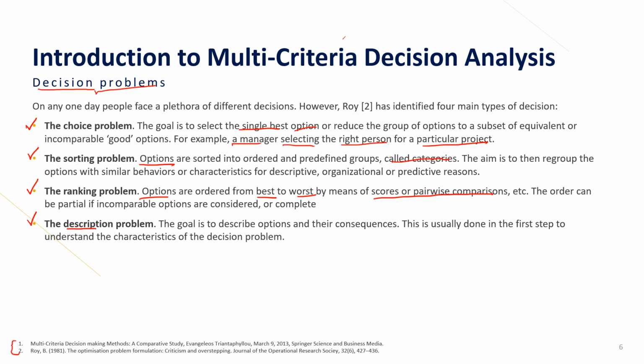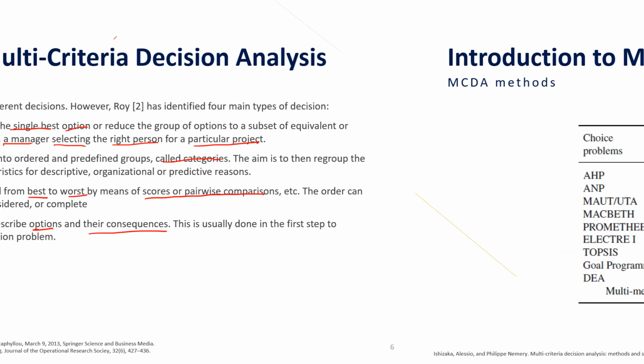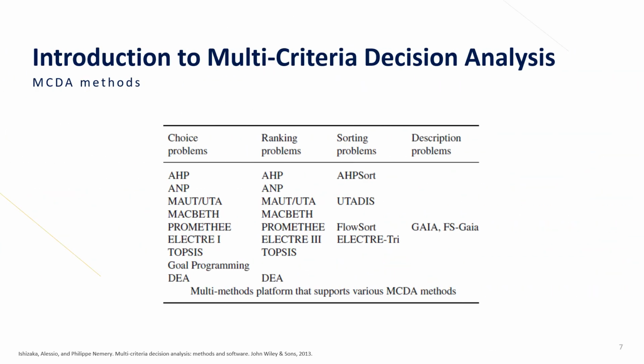And then the last one is the description problem, in which the goal is to describe options and their consequences. This is usually done in the first step of understanding the characteristics of the problem that you are facing.